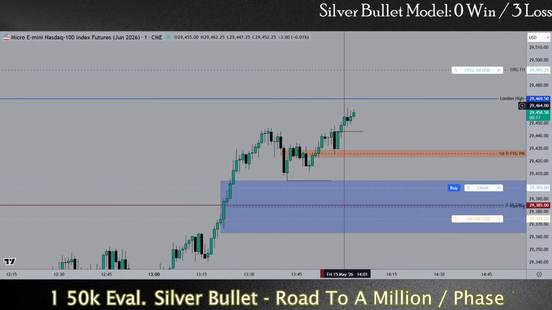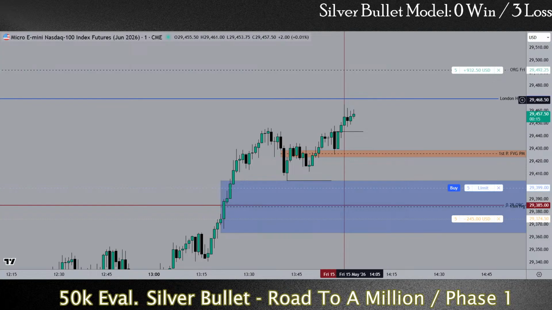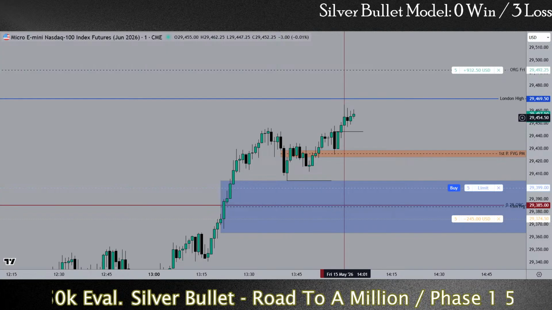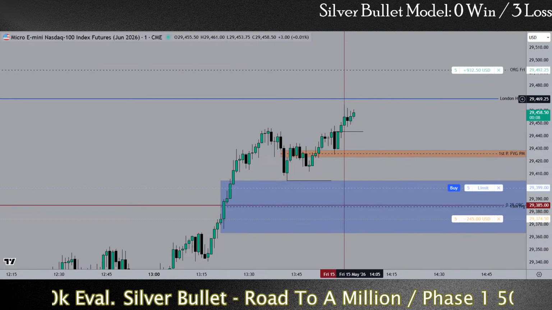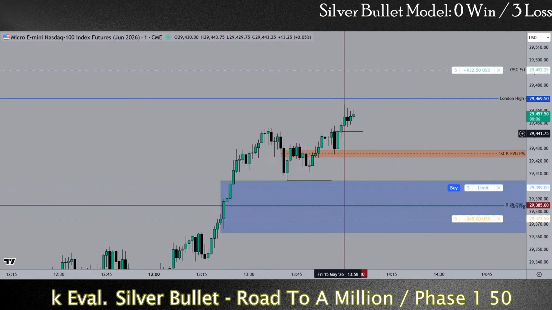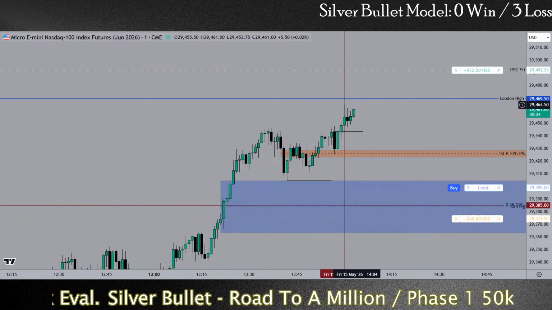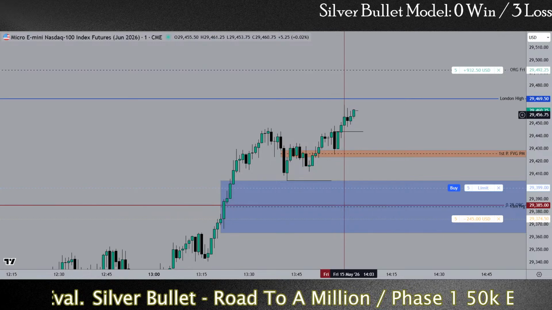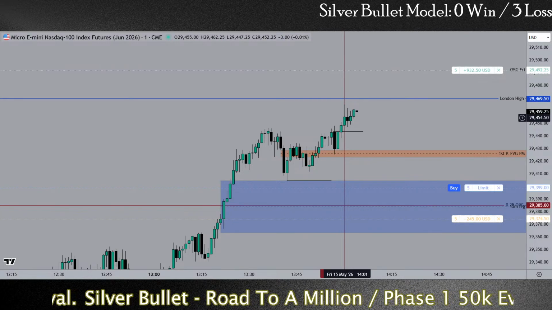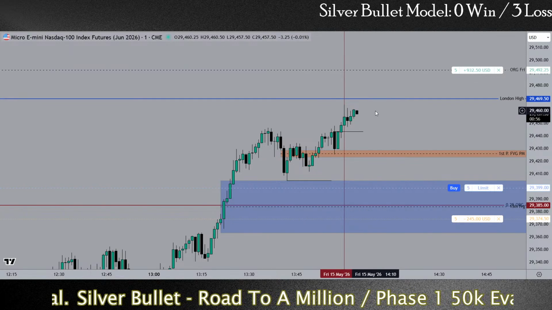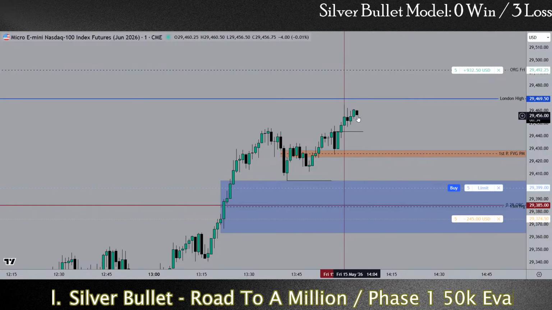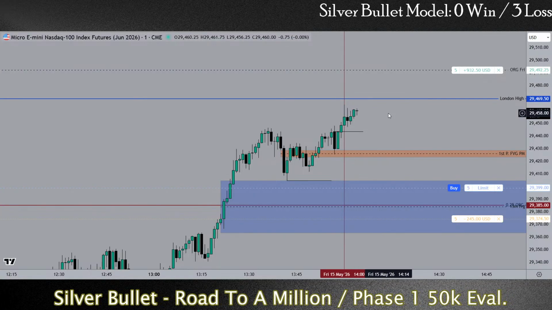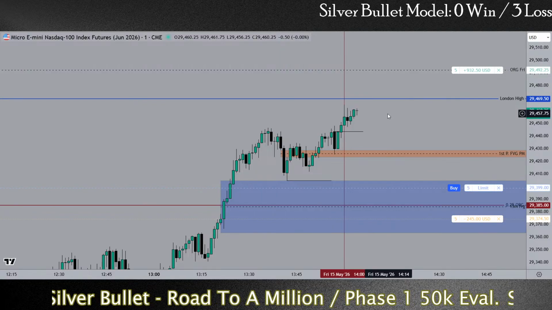It's technically in striking distance to that London high, but the thing is that because it's so close, because it already took buy stops here, because it's so extended, there is no real silver bullet there at all. Plus there is no fair value gap that formed or is forming anyway, so it is what it is, kind of, right?